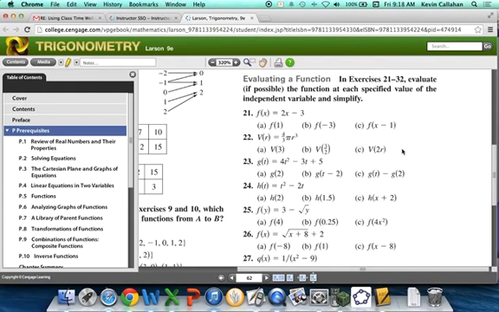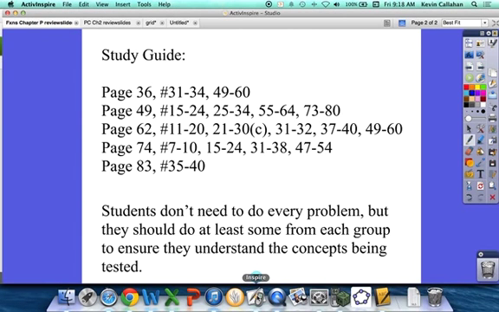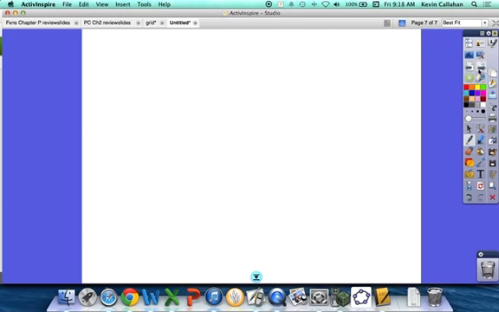So let's take one: h of t equals t squared minus 2t, and we want h of x plus 2. How do you find h of x plus 2? In the function, you're going to replace every place you see a t with x plus 2.